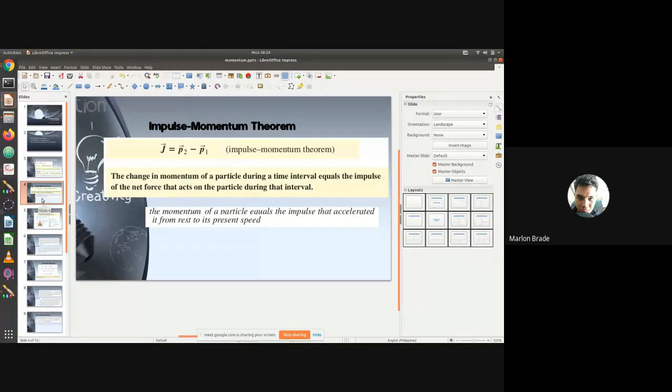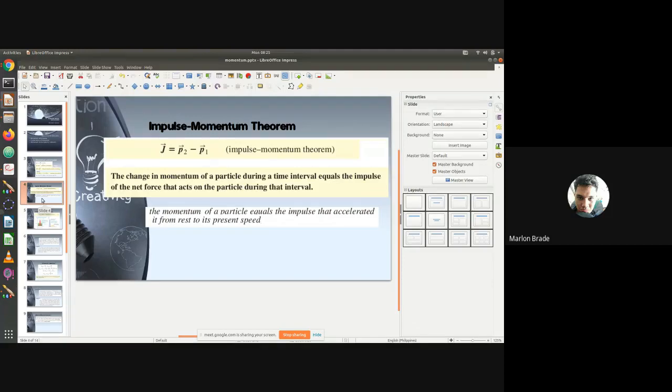It states that the change in momentum of a particle during a time interval is equal to the impulse of the net force that acts on the particle during that interval. The momentum of a particle equals the impulse that accelerated it from rest to its present speed. So that is what our impulse momentum theorem says. A change in momentum is just equal to the impulse.